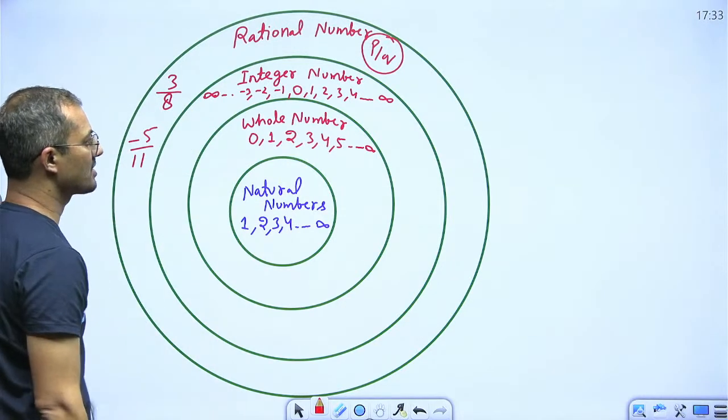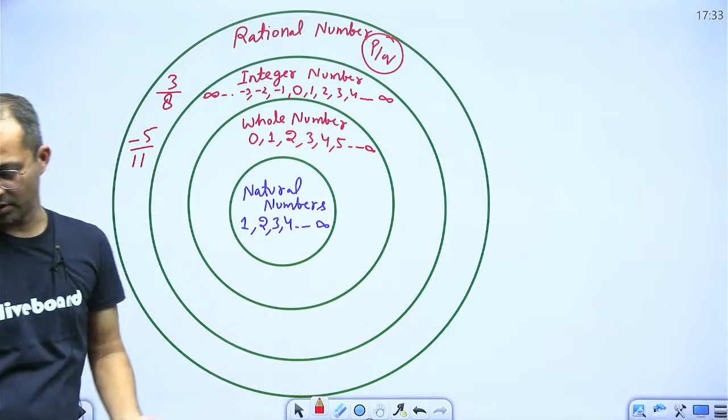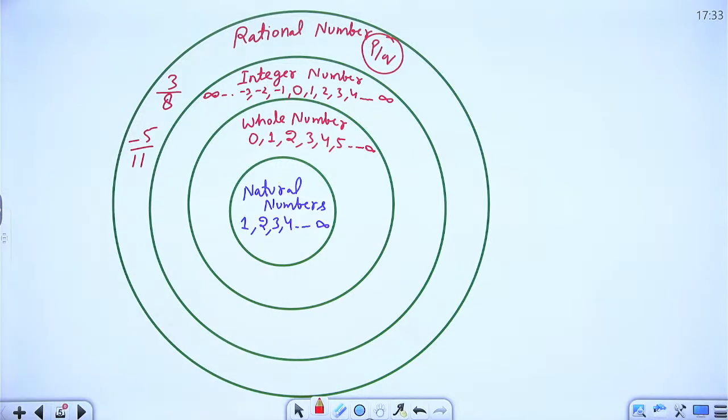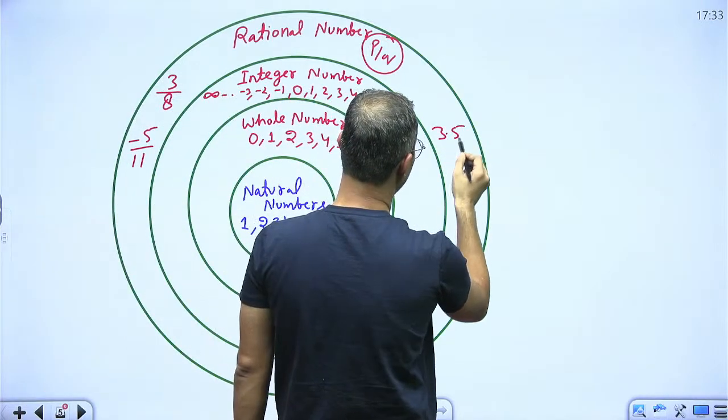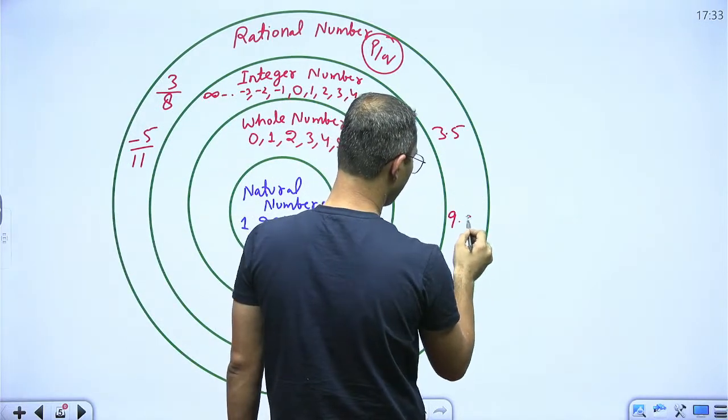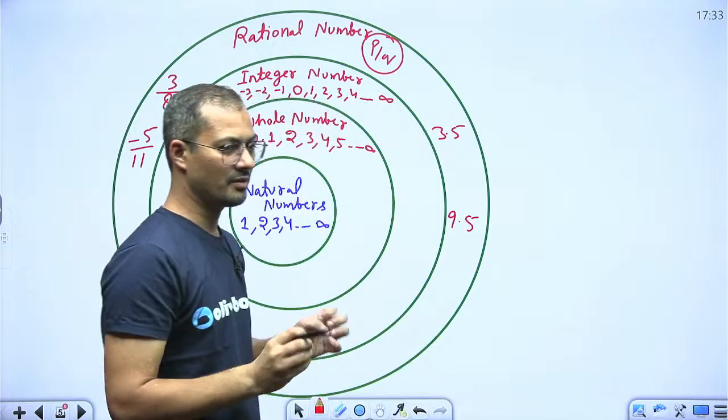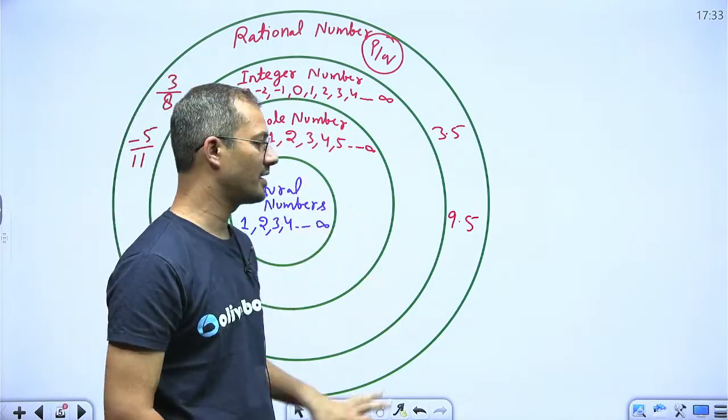So these numbers are also included, and these are called rational numbers. I hope this is very much clear to you all. Here we also include some decimal numbers, like 3.5, 9.5. Terminating decimal numbers also come under this.